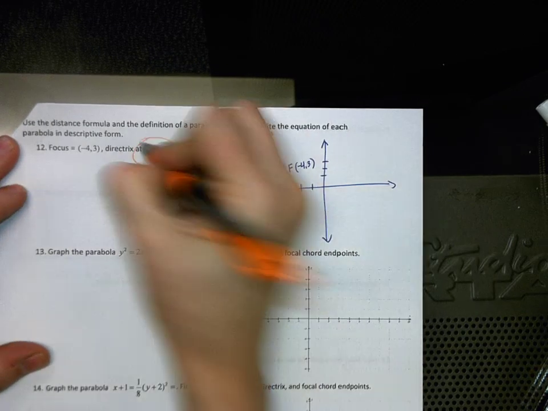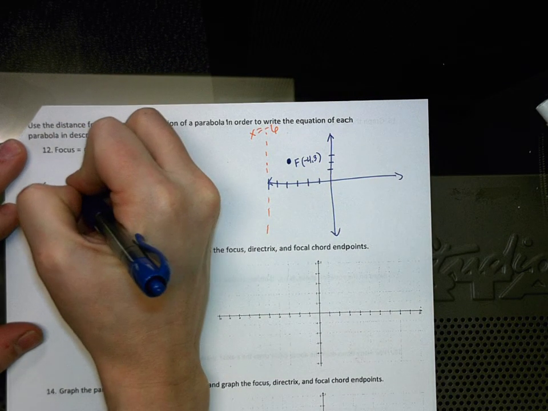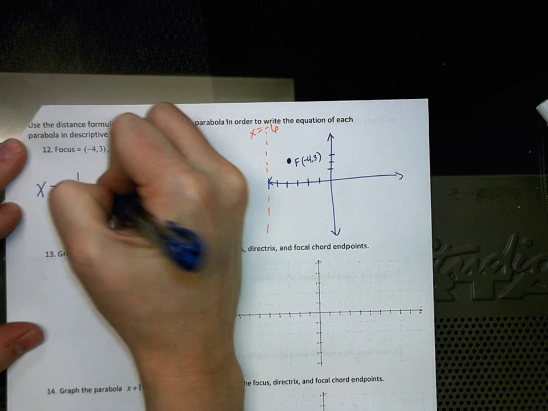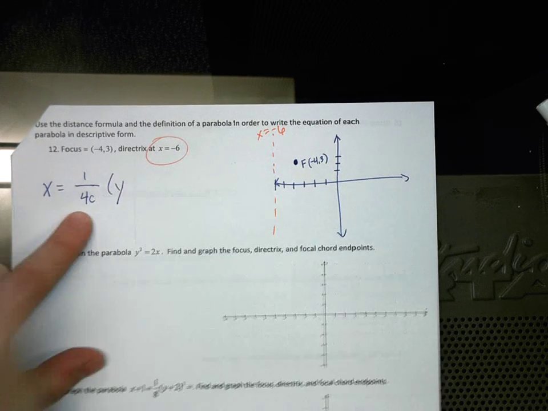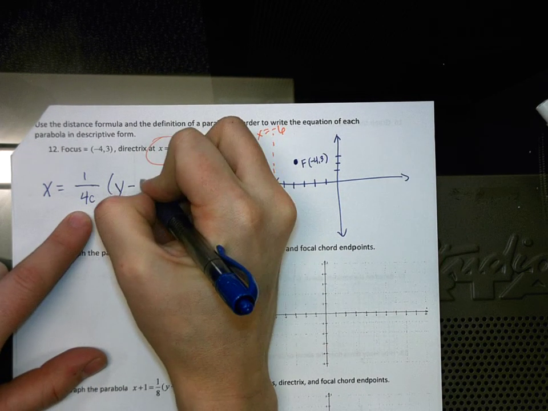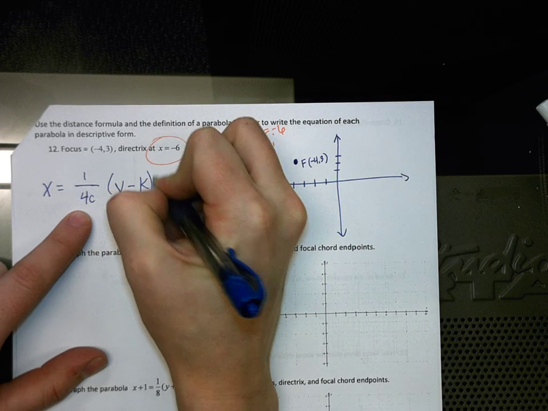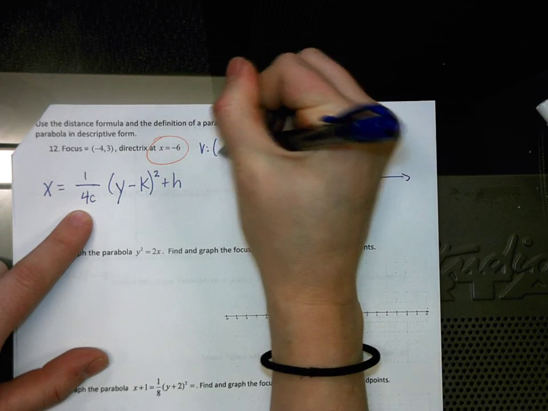If your directrix is x equals, then your equation will also be x equals, which means my x and my y have switched places. If my x and my y switch places, my h and my k have to switch places. So this is y minus k squared plus h. My vertex is still h comma k.